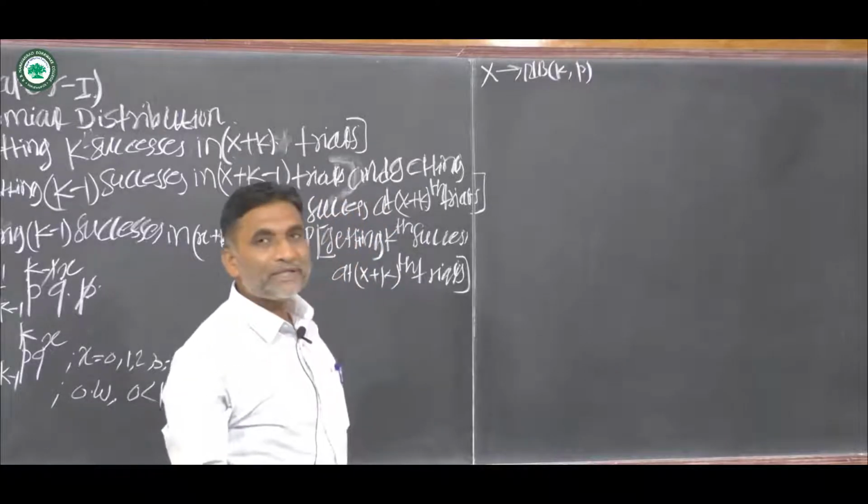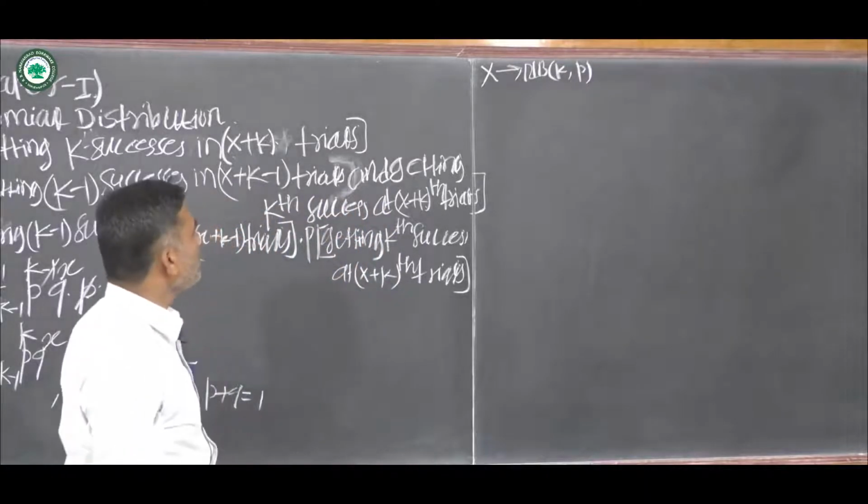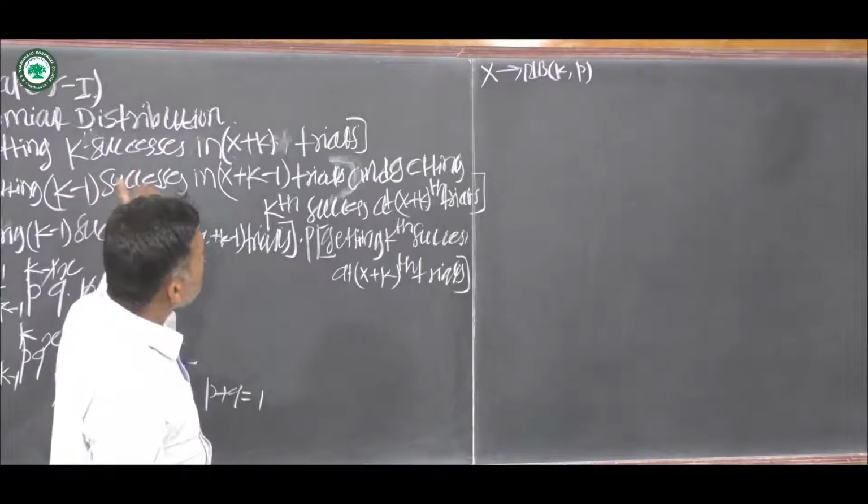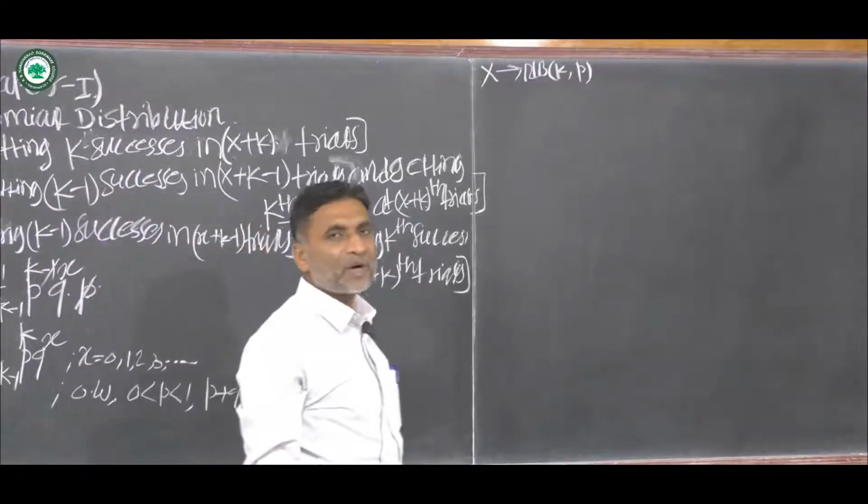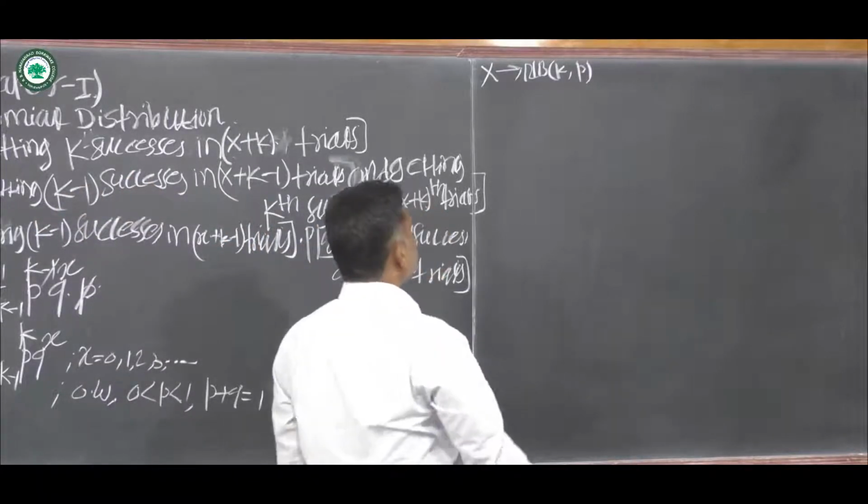Now we see another form of the probability mass function of negative binomial distribution.